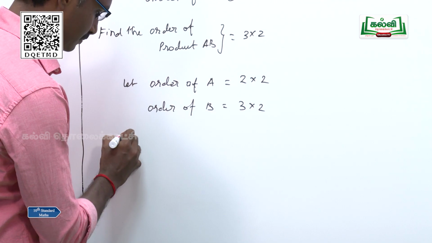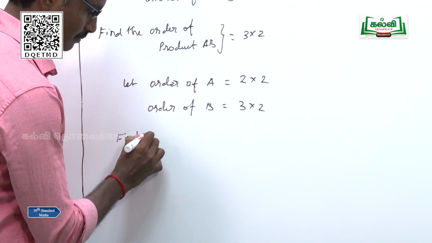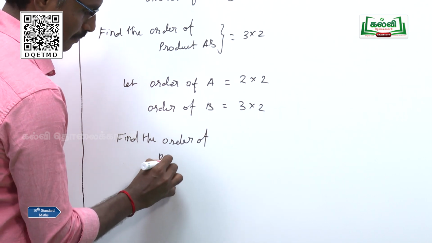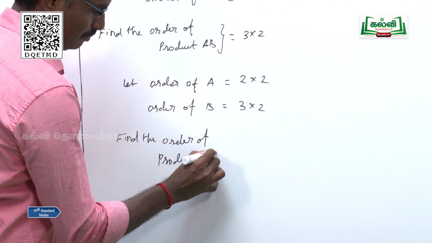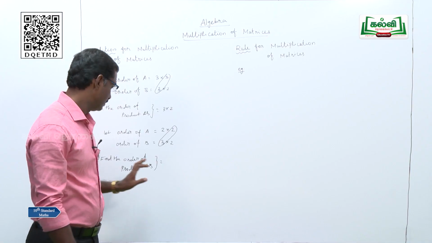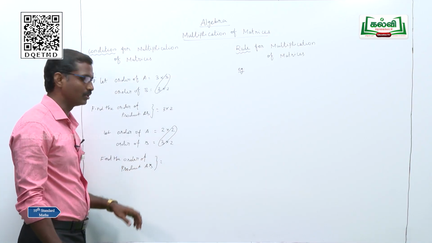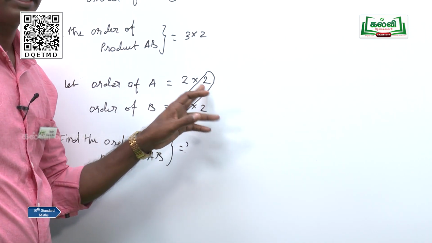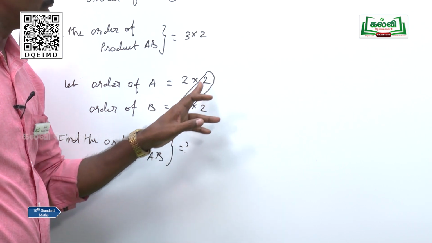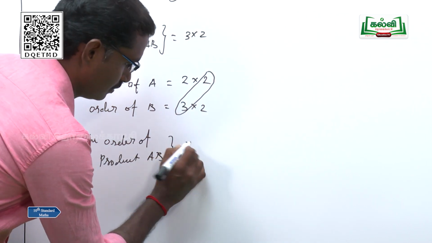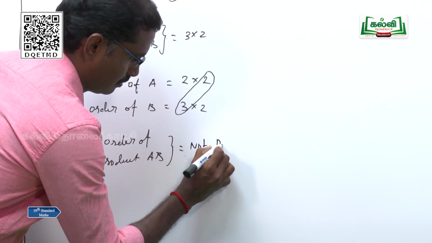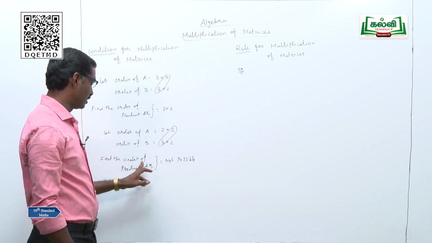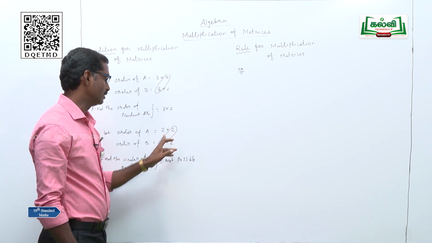Listen, the order of product AB equals what? In the first matrix the number of columns and in the second matrix the number of rows are not equal, so it is not possible. It is not possible to find the order of product AB because both are not equal.